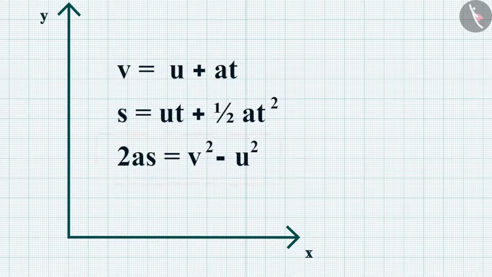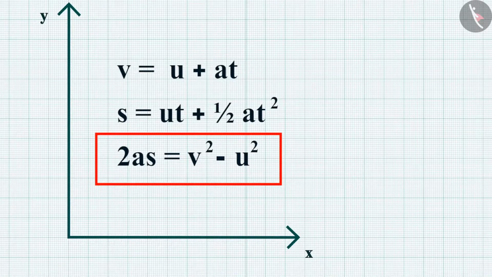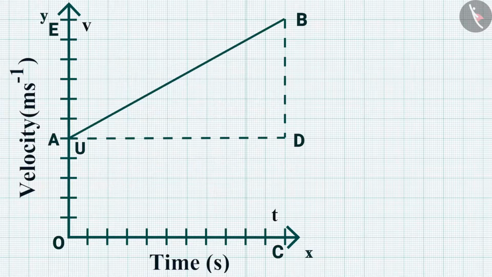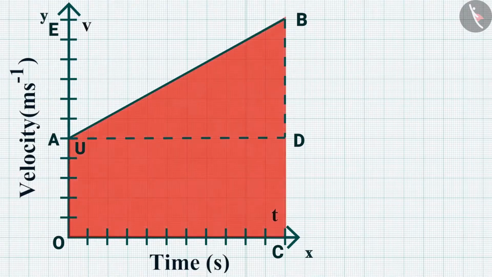Now let's move to the third equation, the equation for position-velocity relation. In the previous equation, we saw distance s is equal to area of the trapezium OABC.